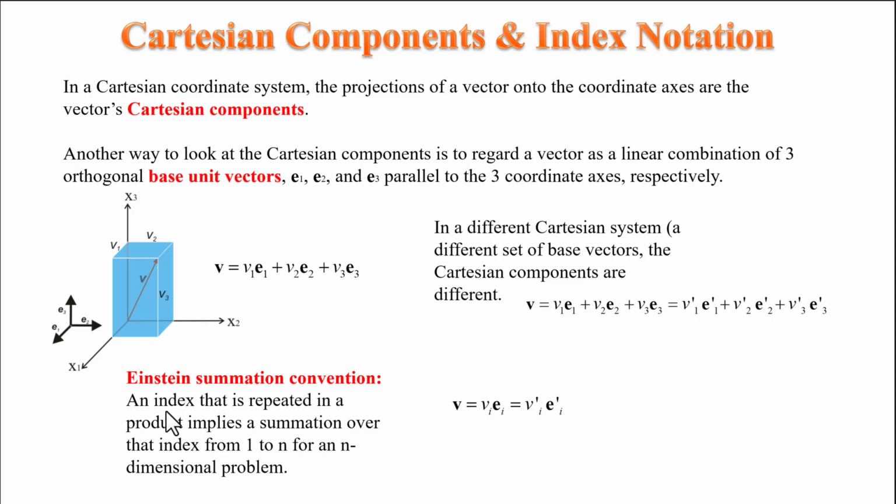By this convention, an index that is repeated in a product means a summation over that index from 1 to n for an n-dimensional problem. Here it's a 3-dimensional problem, so v_i e_i stands for summation with respect to i over 1 to 3.